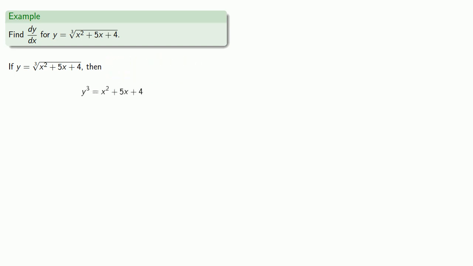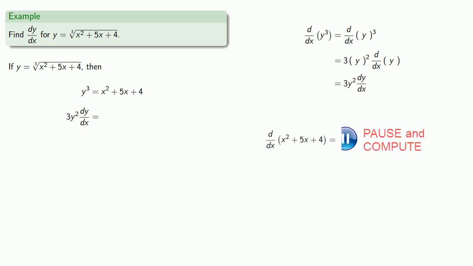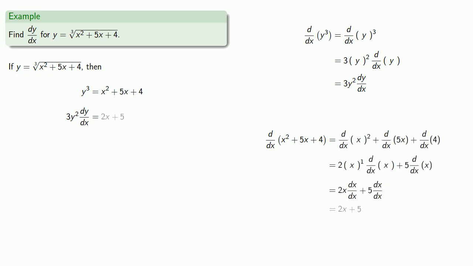And then I can differentiate both sides. Over on the left-hand side, I need the derivative of y cubed. So I need the derivative of something cubed, which will be 3y squared dy/dx. And I'll also need the derivative of x squared plus 5x plus 4, which will be 2x plus 5.